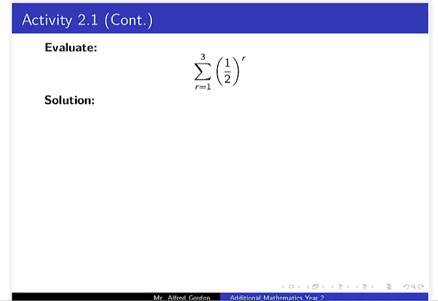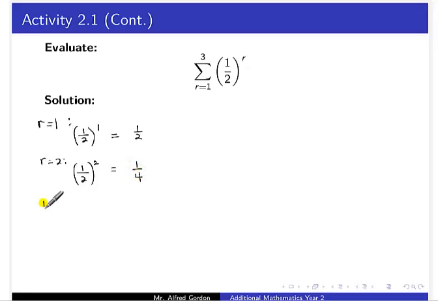In our next example, it looks a little bit complex, but stay with me. When r is 1, we have 1 on 2, all to the power 1, and this gives us a half. When r is 2, we have a half to the power 2, which gives us 1 on 4.